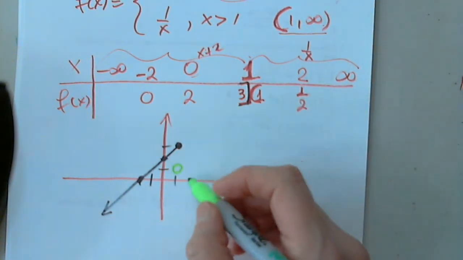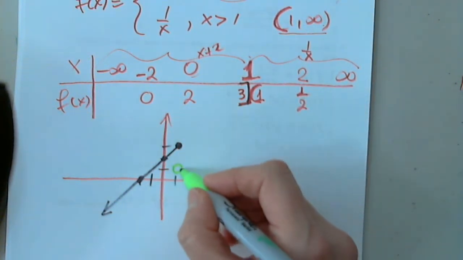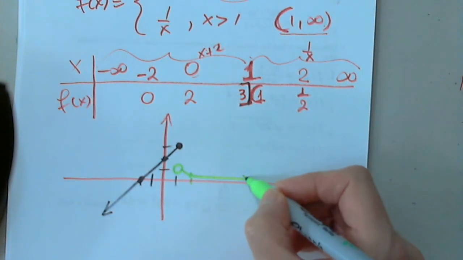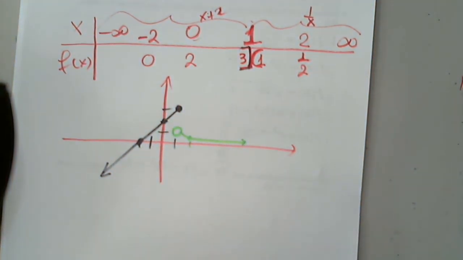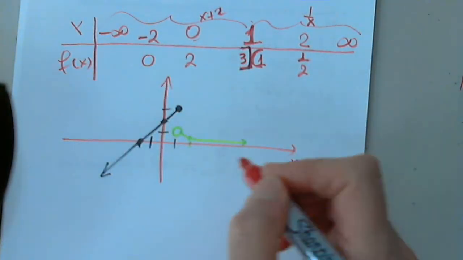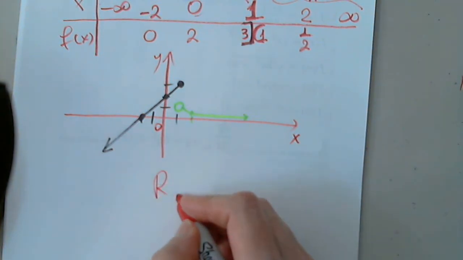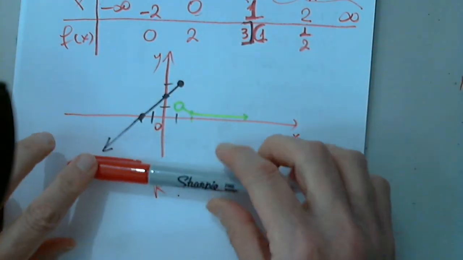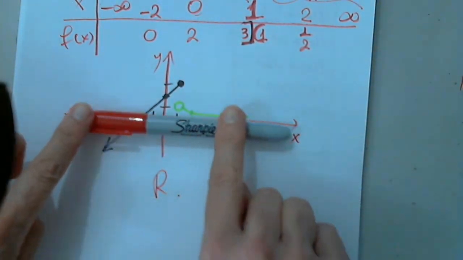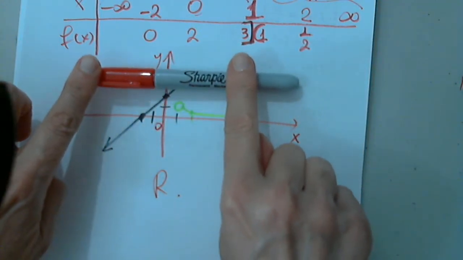And then I know that at 2 is 1/2, and I know the graph. Okay, so this is the graph of the entire function f of x. And now I can present its range. The range goes from negative infinity to 3.